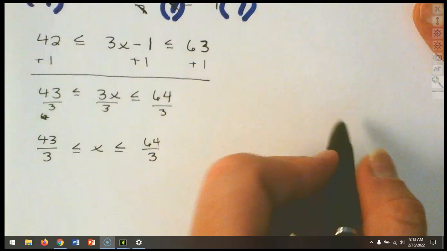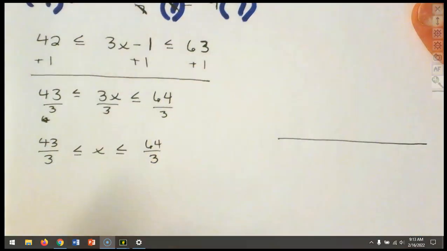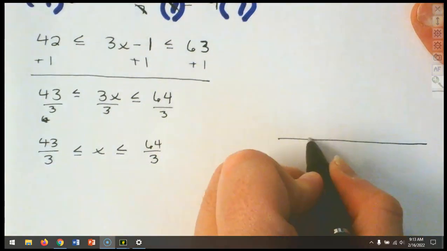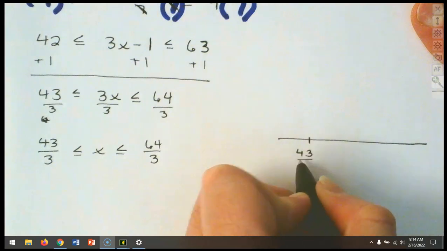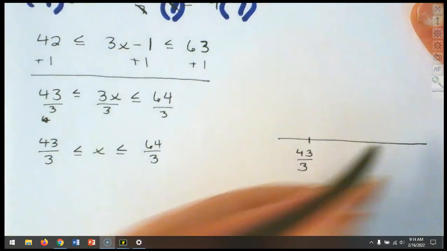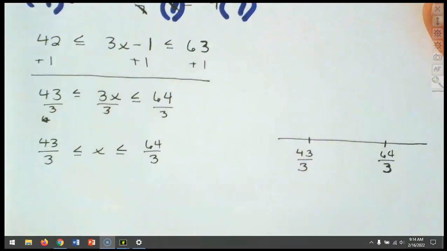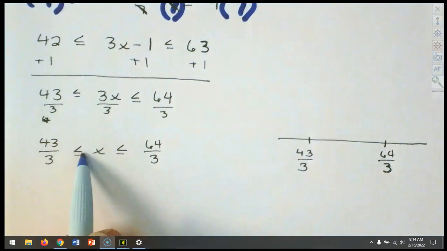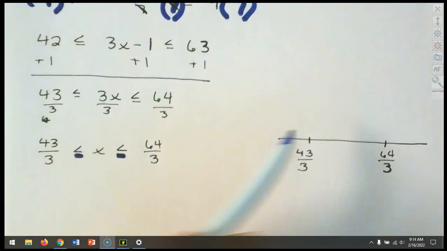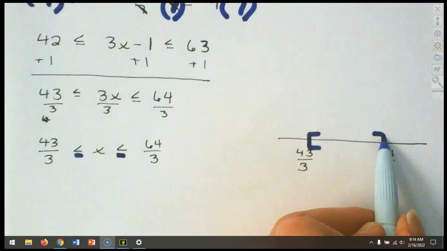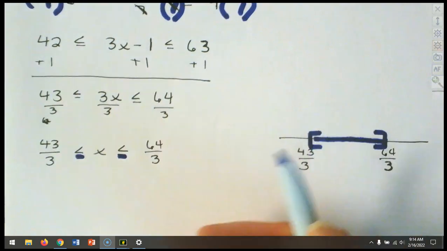Now, how do we graph it? Well, x is between those two numbers, 43 over 3 and 64 over 3. These have the equal bar underneath, right? So they're going to get brackets. And we shade in the middle.